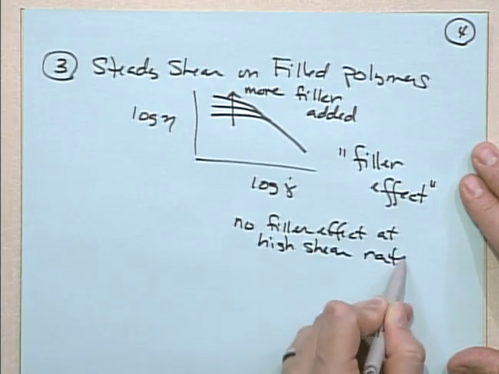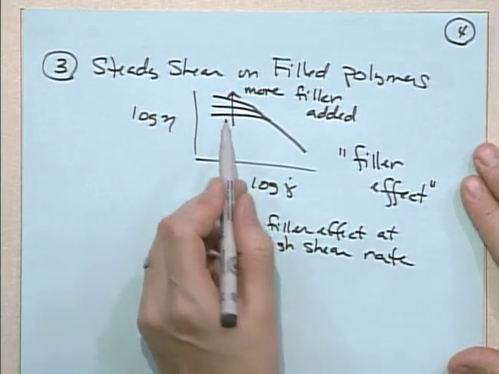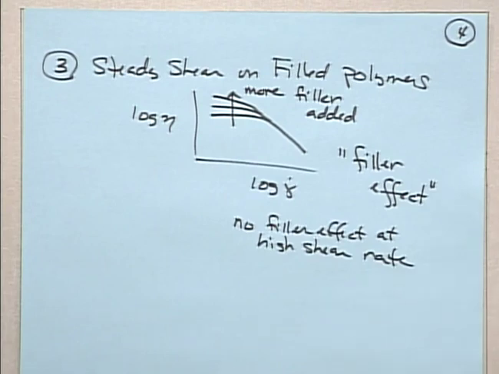The reason this happens is because at low shear rate, the filler particles and the polymer form various structures. And those structures are very stable. At high shear rate, those structures are completely disrupted. The polymers themselves are disentangled. And it just doesn't make any difference how much filler's in there. It just shears very rapidly in very separate sort of layers.